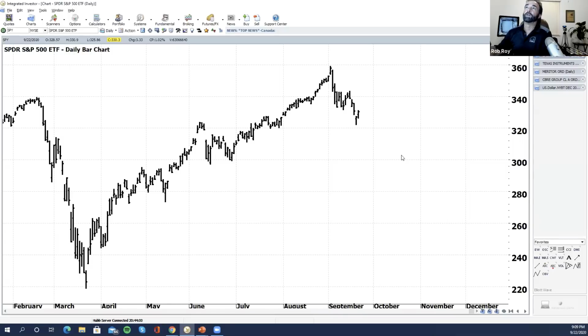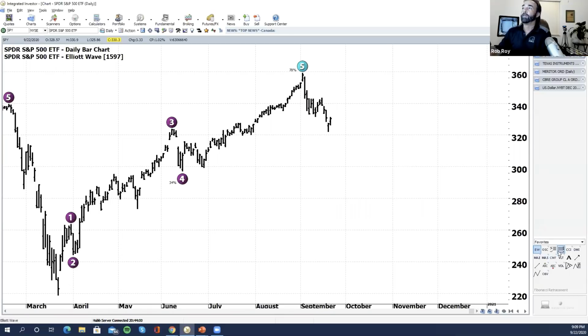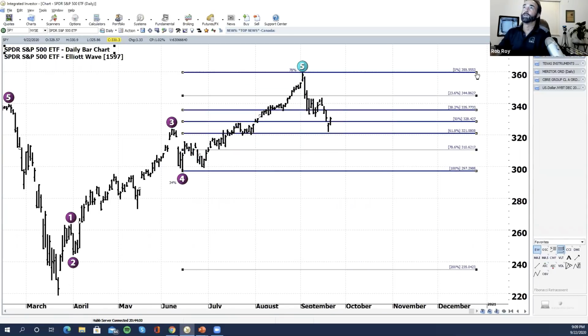And that was the thing that we noted. Let's go back, put the Elliott wave on here, and we can see where this corrective level is. I'm going to go through that again because somebody asked how to do the fib corrective lines.